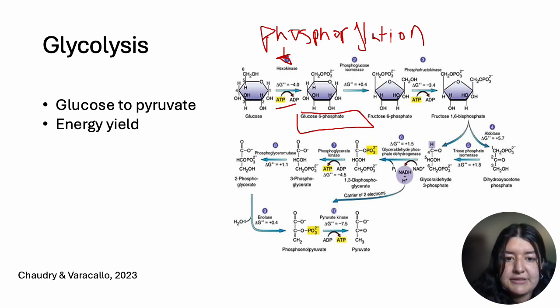The next step is isomerization, which would be here, where the now glucose, our product that we had, is then isomerized to fructose 6-phosphate. So now we're going here to F6P.